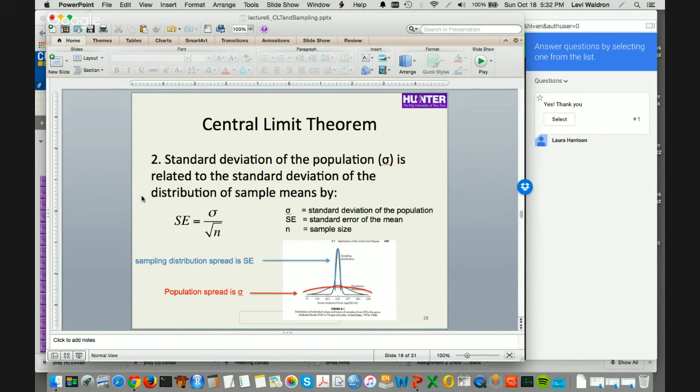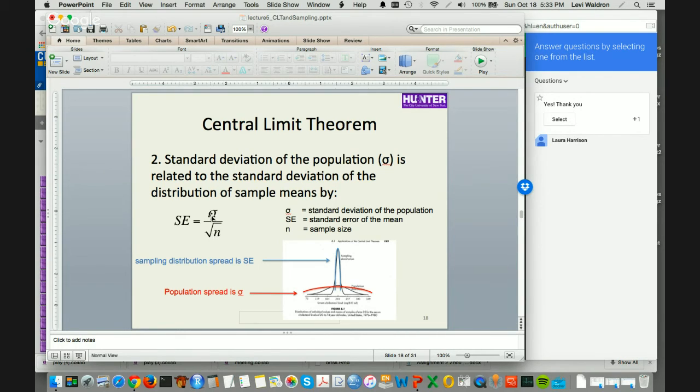The second part relates the standard deviation of the population to the standard deviation of the sampling distribution, which we also refer to as the standard error. You're going to get lots of exposure to the standard error in the next little while. These are related by this equation: the standard error is equal to the population standard deviation, sigma, divided by the square root of n, where n is the sample size.